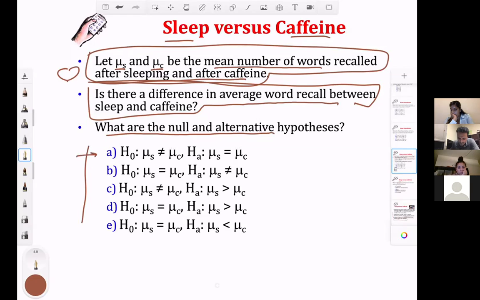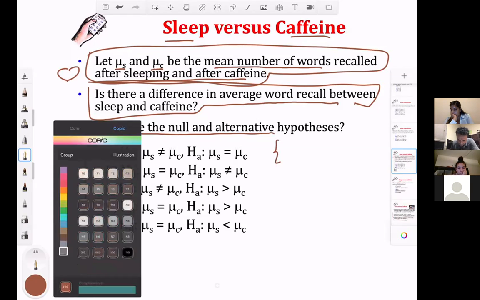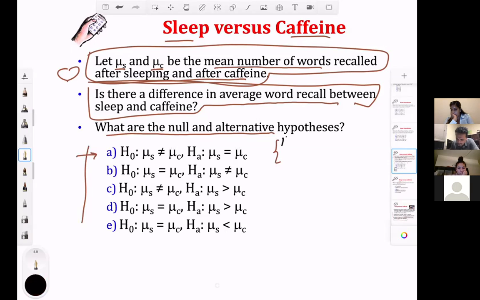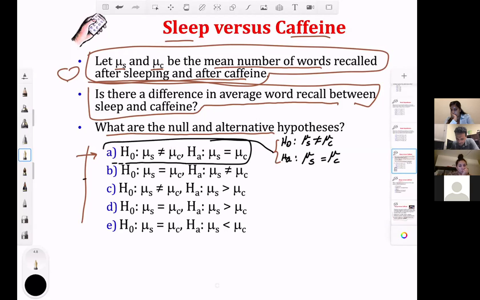If it's A, it tells us the null hypothesis is mu of S is not equal to mu of C, and the alternative hypothesis is mu of S equals mu of caffeine. They put it in one line, but you can break it down. So you have to tell me whether A is correct, or B is correct, or C is correct, which one?